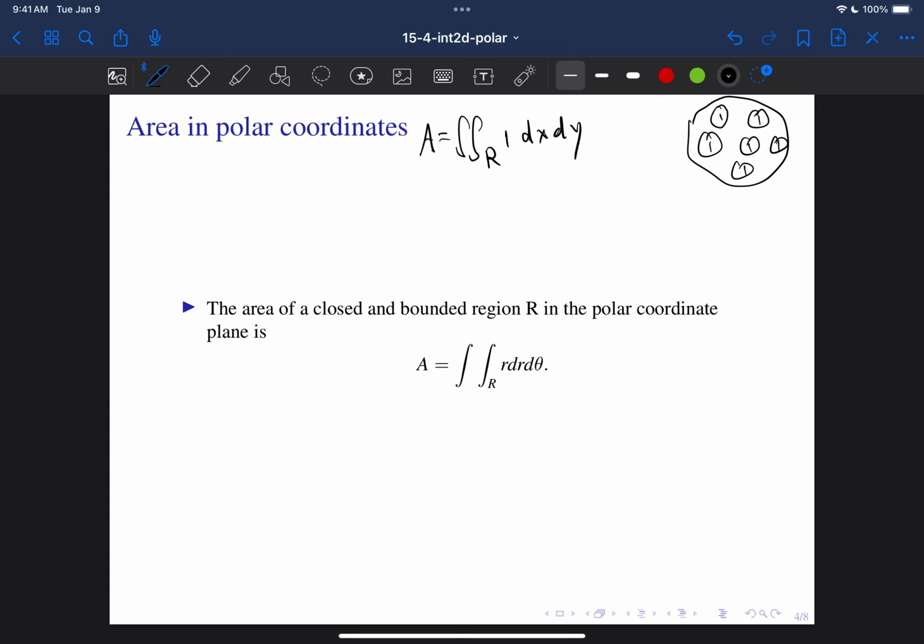But this is for xy coordinates. Sometimes if you want to try polar coordinates, then it's $1 value coins with this changed to r dr d theta. So this is the actual computation of area in the polar coordinate system.